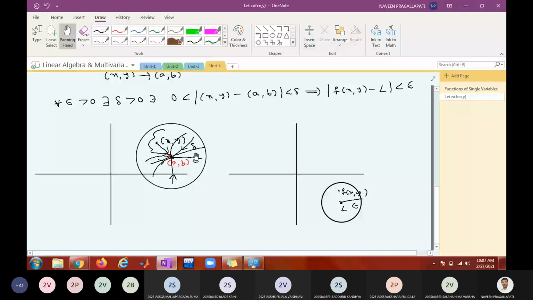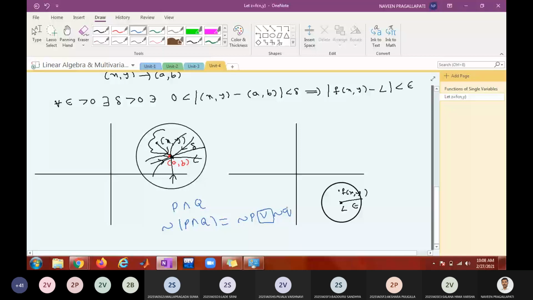What is the negation of P and Q? Negation of P or negation of Q. Do you understand?